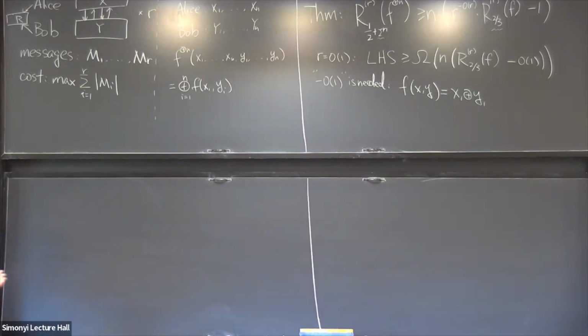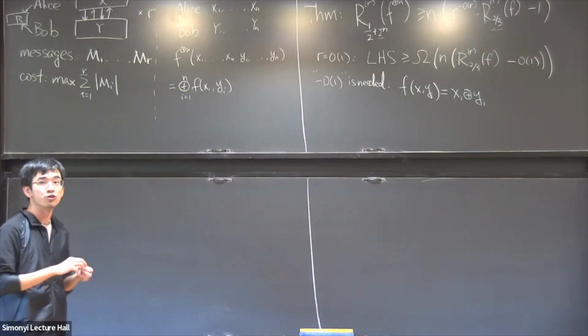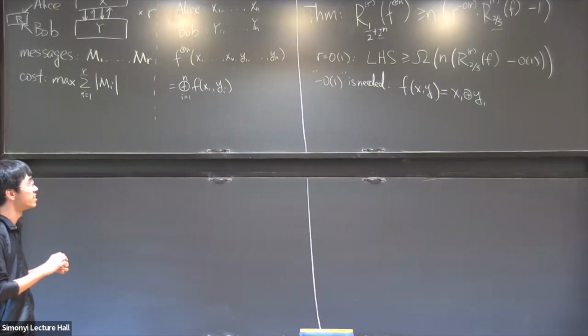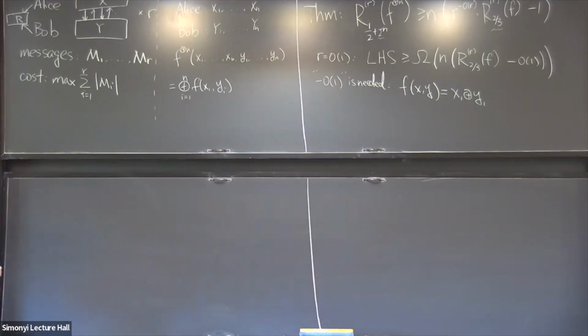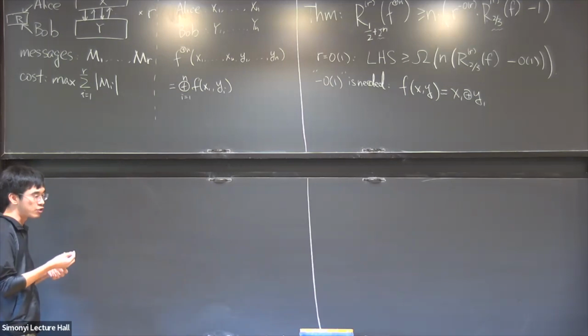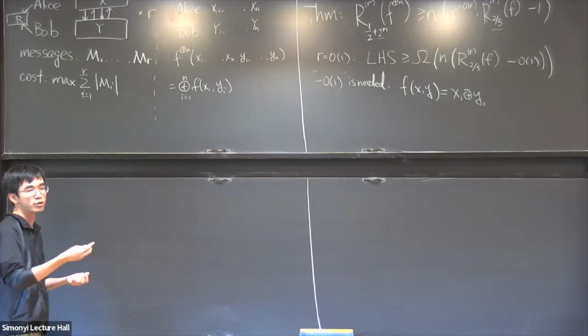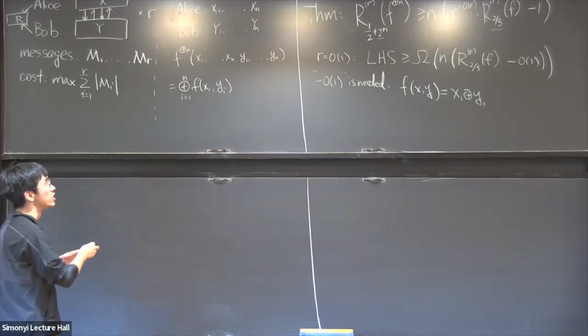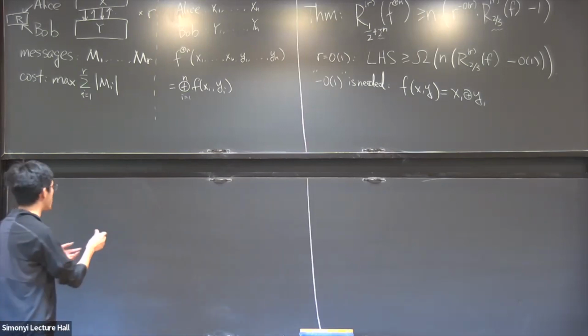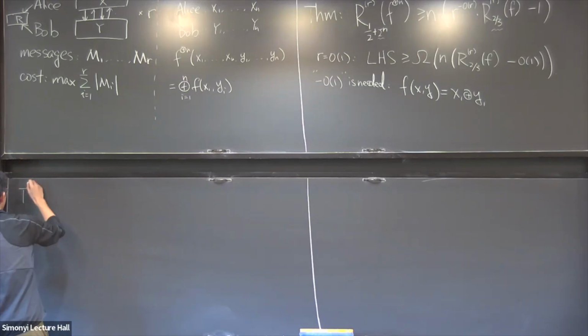Let me also mention that we also prove a distributional version of the same theorem. It basically says that if an input distribution mu is hard for f, then the product distribution mu to the n is actually hard for the f to the n function, as expected.